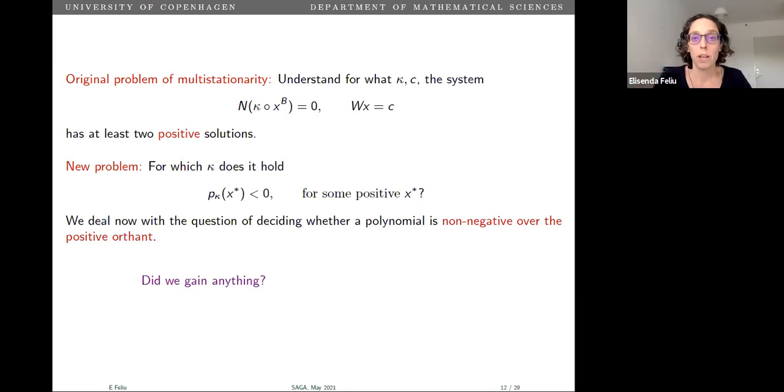If we think in semi-algebraic terms, maybe we haven't gained that much, because deciding this question is also computationally hard. But to answer this question, we can use techniques from polyhedral geometry that work quite well. And that's what I will focus on for the rest of the talk almost.